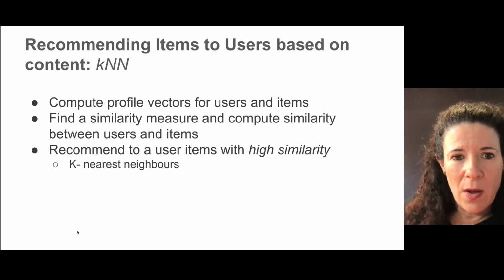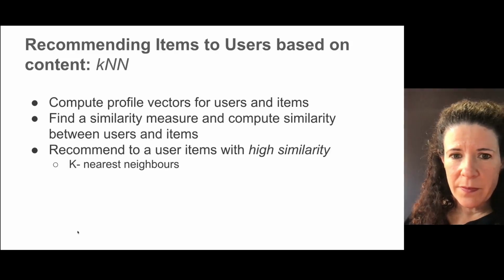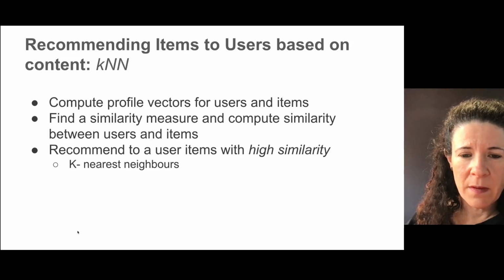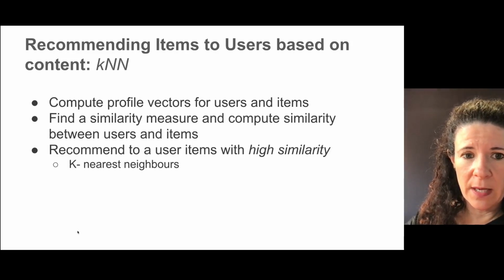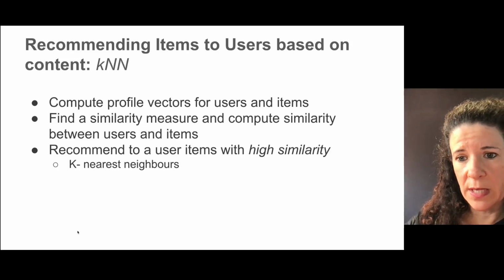So how do we recommend items to users? One way is that, suppose you have profile vectors for users and items, you can find your favorite similarity metric, and then you can compute similarity between users and items.